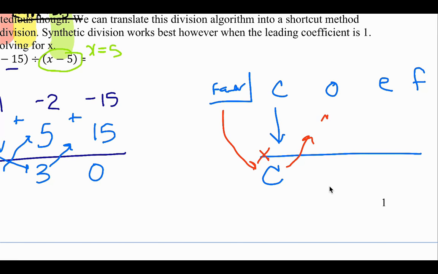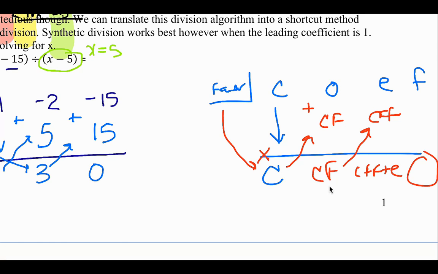So this would be CF for your coefficient times your factor. And then you add down the column. And then you repeat. So then this gets multiplied, which would be CFF, and CFF plus E in a way, if you can kind of see what I'm doing here. And then you're going to continue on.